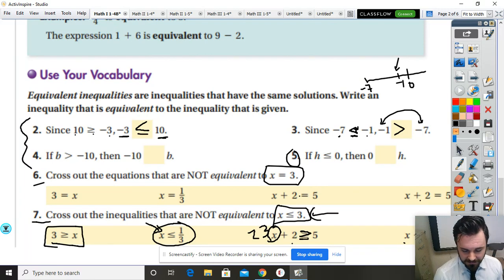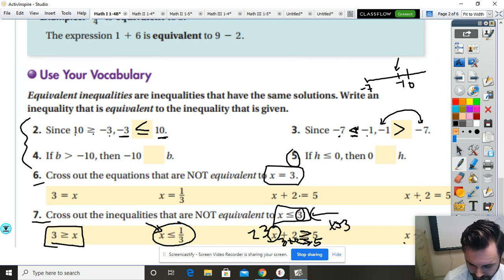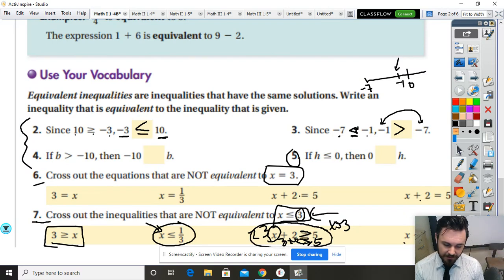Well, if I start plugging in all these values, I can plug in 3, and what do we get? We get 3 plus 2. Is that greater than or equal to 5? And in this case, it's true. It's true only in the sense when x equals 3 that would be true. Now, if it said something like, is it strictly greater than 5, we would say no.